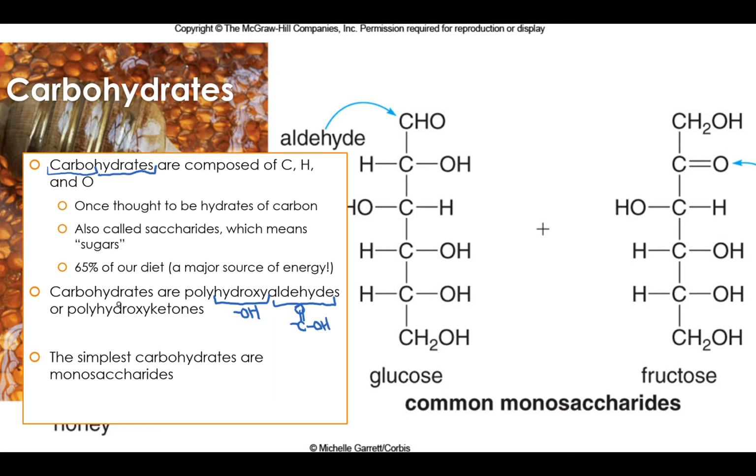You'll remember from our nomenclature chapters that if you have a higher priority functional group like aldehydes and ketones, then when alcohols are thrown into the prefix of a name, they are called hydroxy.